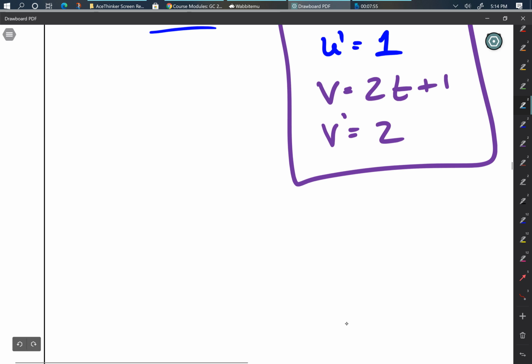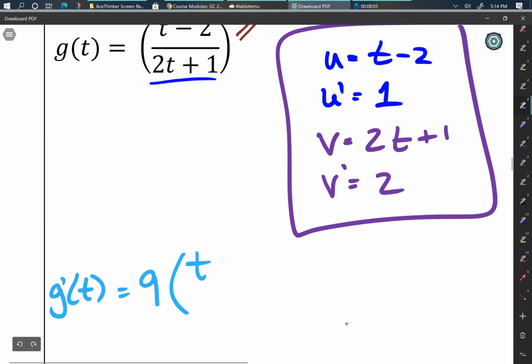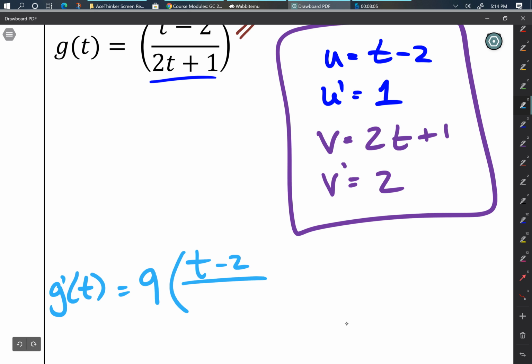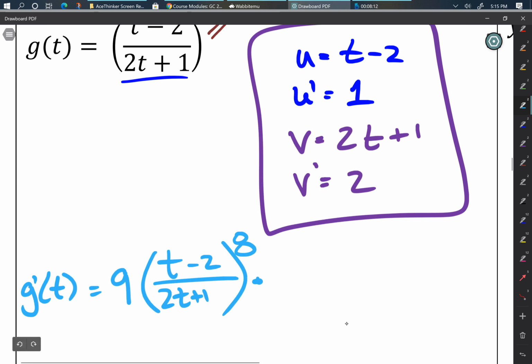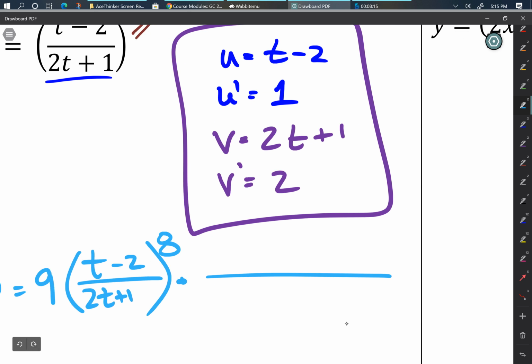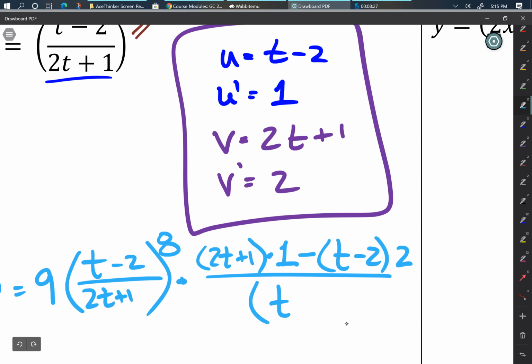So then g prime of t is going to be 9 times t minus 2 over 2t plus 1 raised to the 8th times, and now here's where the quotient rule comes in, the bottom, 2t plus 1 multiplied by the derivative of the top minus the top times derivative of the bottom over the bottom squared.